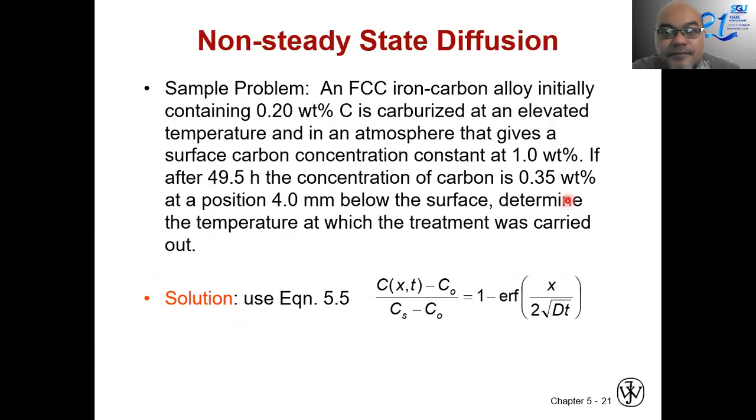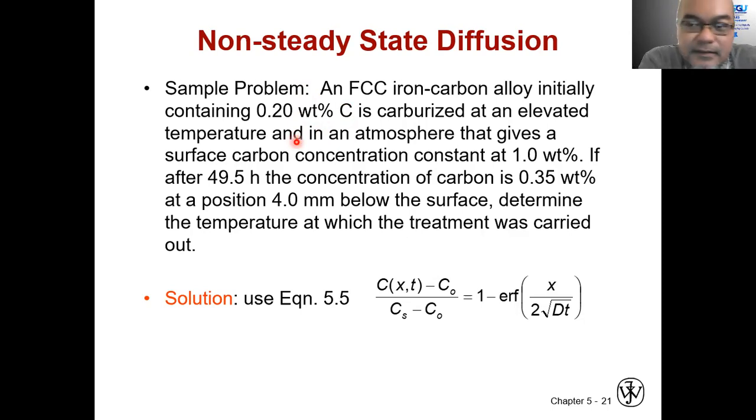So this is an example of non-steady state diffusion. An FCC, face centered cubic, iron carbon alloy initially contains 0.20% of carbon. This is the initial concentration, C0, inside that iron carbon alloy.